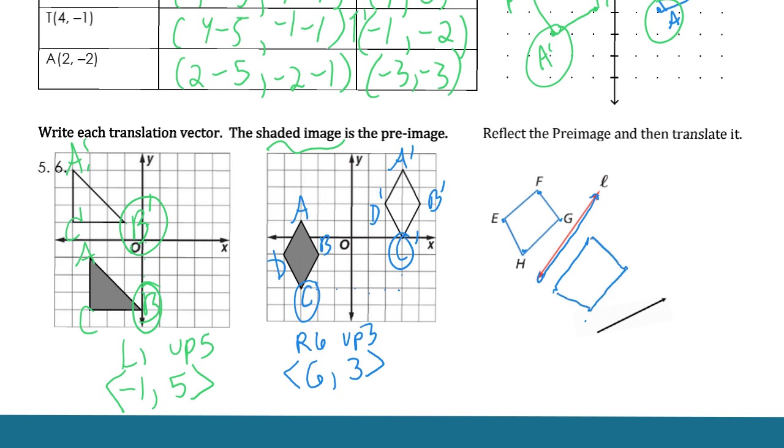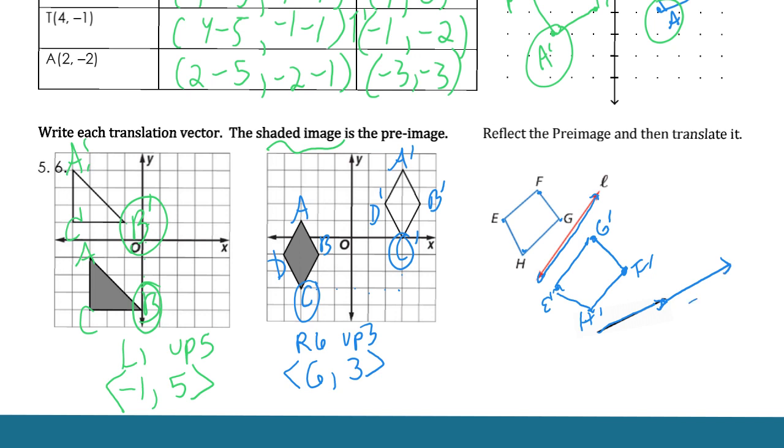Okay, so we've got the shape. This again would be G prime, and this would be F prime, and this would be H prime, and this would be E prime. And then we want to slide it. So again, now you place your tracing paper on here and trace these vertices. And you trace this right here. You slide your shape this way till it matches the end of it.